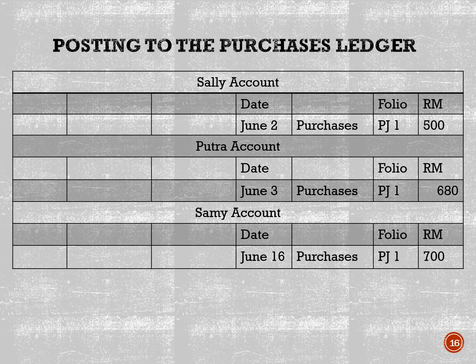So next, lepas daripada kita letak dia dalam purchase journal, kita akan post ke dalam purchase ledger. Okay, actually this one is a T account. Kan kita ada belajar dalam purchase, kalau dalam ledger kita akan buat T account. So you just put everything. Contoh sebab Sally account kita buka.